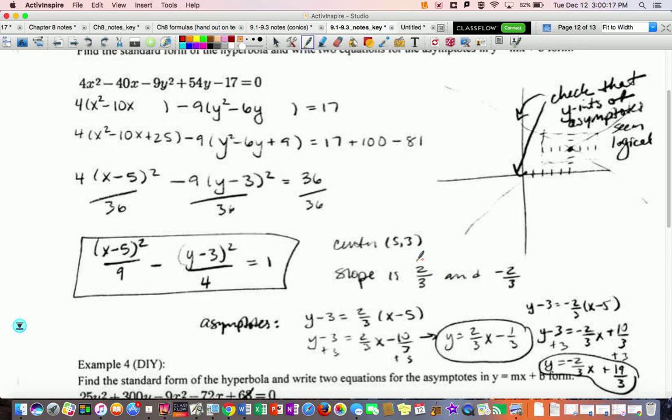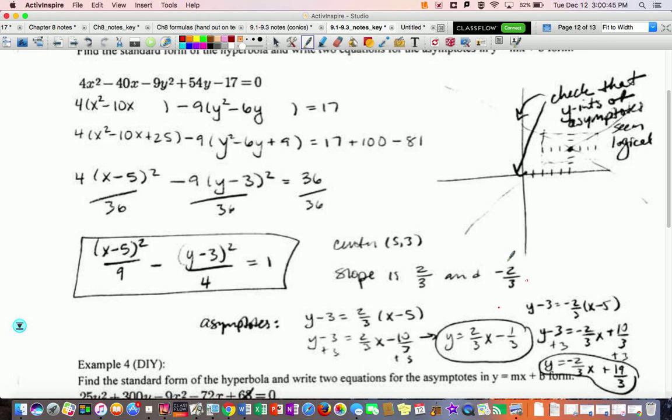So again, if the slope is 2/3 and negative 2/3, I could set up my equation with the center, y minus the y equals 2/3 x minus the 5. And some of you might put this negative 3 over here as positive 3 right away. So this is one of the asymptotes. When you clean this up, you get y equals 2/3 x minus a 1/3.